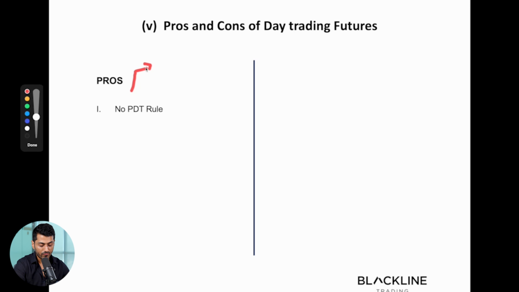The PDT rule says that if you want to day trade, you need to have at least $25,000 in your account. If you want to trade stocks, if you want to trade options, it does not matter. You have to have a minimum balance of $25,000 in your trading account. Now, the pro of futures trading is that that rule does not apply. You do not need to have $25,000 in your trading account.